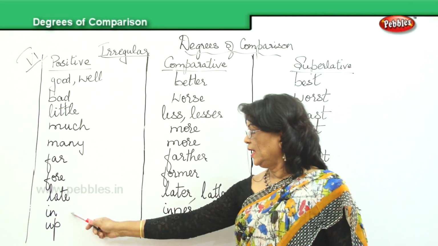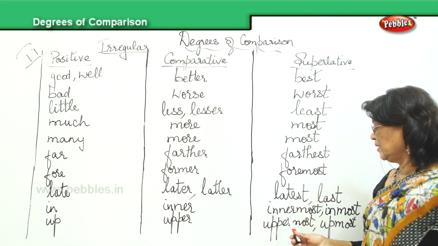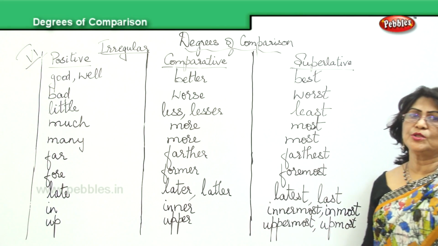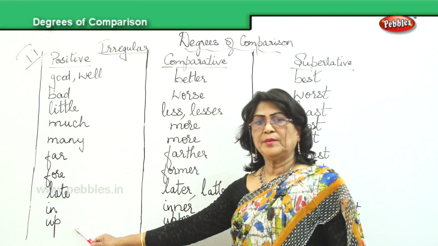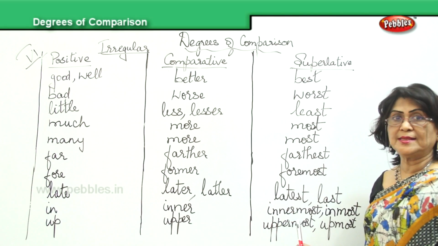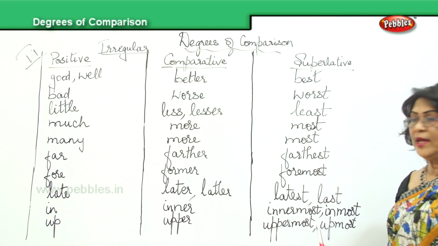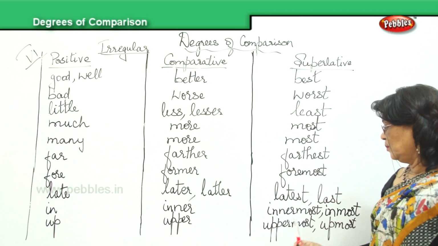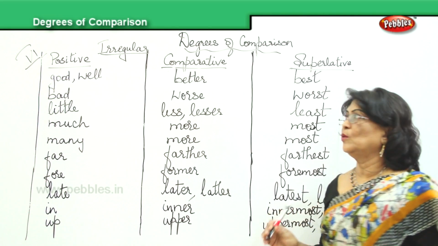Next one. In becomes inner for comparative, innermost or inmost for superlative. Same way, up becomes upper, but not upperest. It is uppermost or upmost.